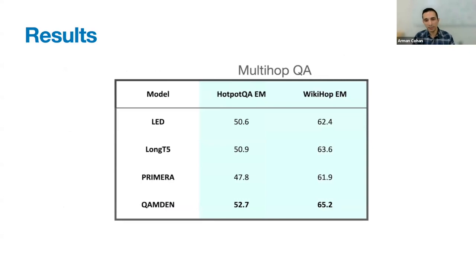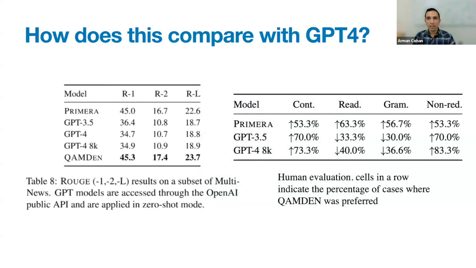And we were actually able to get state-of-the-art results on WikiHop exact match in the same size of models. And we also compared this with GPT-4 to see, okay, is this type of task-specific pre-training really helpful compared with much bigger models? And we saw that actually, yes, it can significantly outperform GPT-4 in terms of automated metrics.